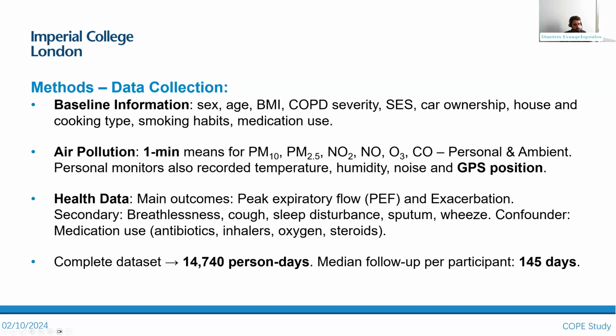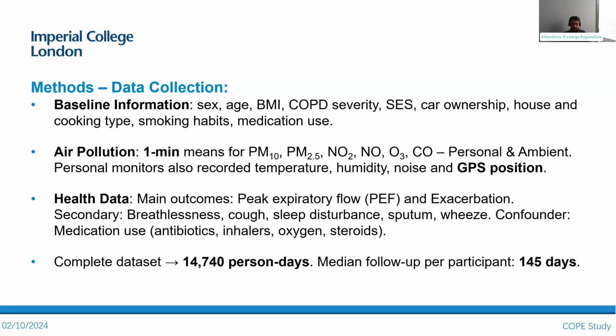So to conduct this analysis, we collected baseline information. We have a long list of variables here, but we had an even longer one. This is what we include in the epidemiological analysis. And we also had very highly time-resolved ambient and personal data for particles, which is, in our case, PM10 and PM2.5, so small particles that are less than 10 or less than 2.5 micrometers in diameter.